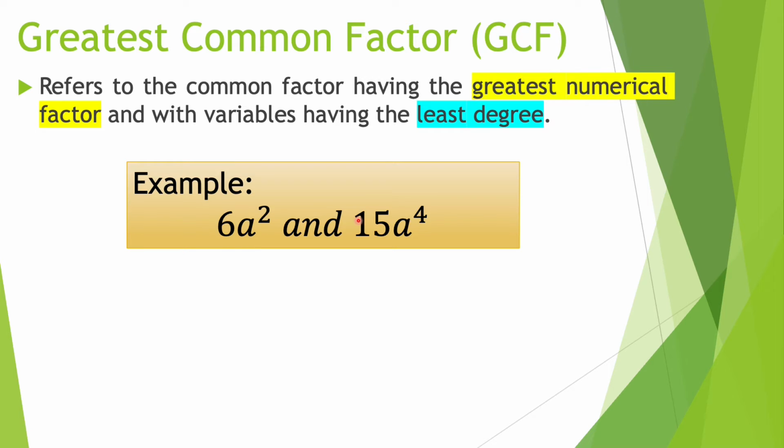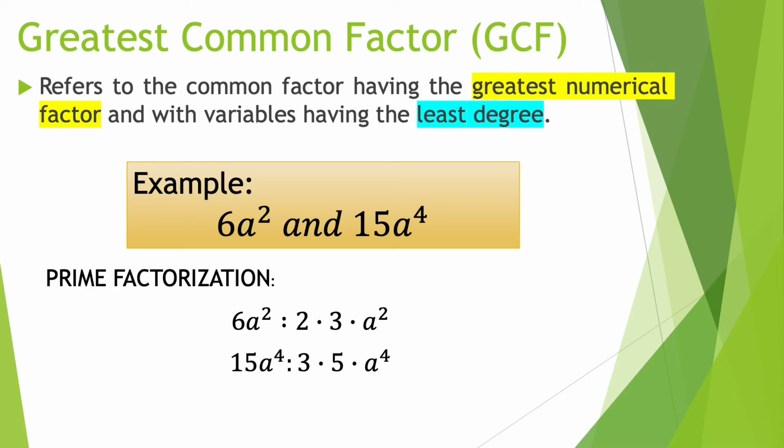6a squared and 15a raised to 4. Ang gagawin natin is kuhanin ang kanilang prime factorization. So, ang prime factorization nila ay 2 times 3 times a squared, while sa 15a raised to 4 naman ay 3 times 5 times a raised to 4. Kunin natin yung greatest numerical factor. So, dito ay 3.